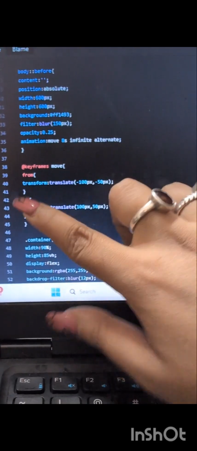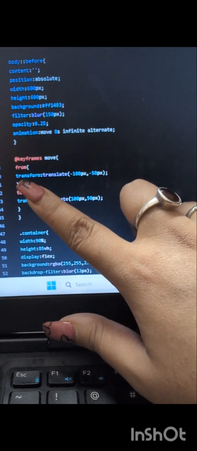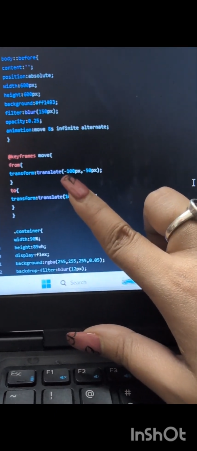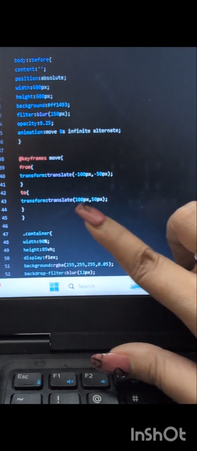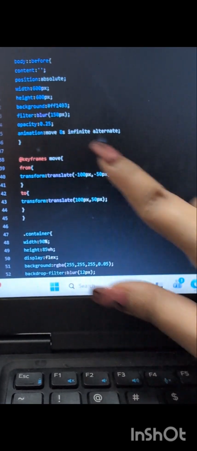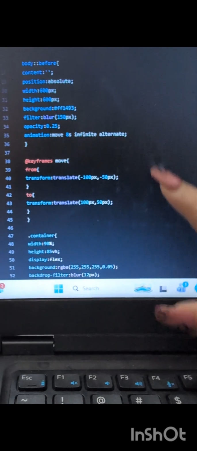Okay, so tag along. Forget about the whole code, okay? The topic of discussion is keyframe move from transform translate negative 100px negative 50px to 100px 50px, okay? So basically it's a game of pixels.